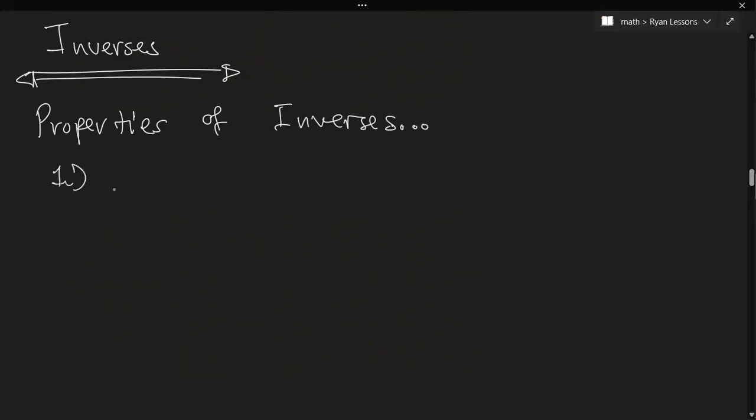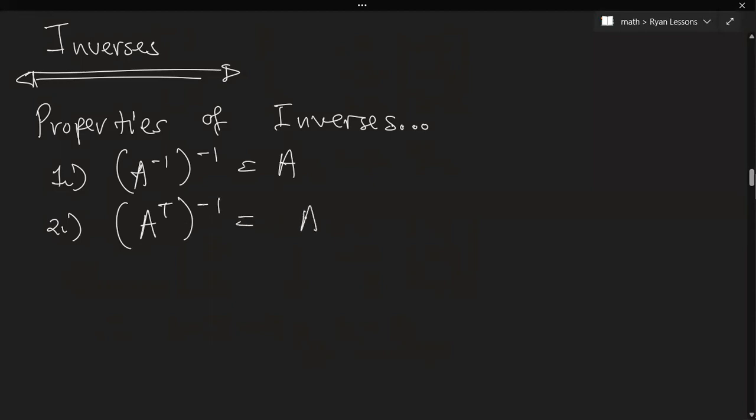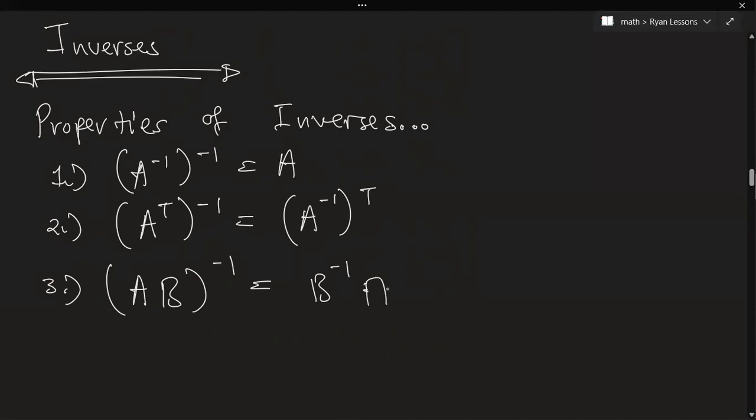So we know that inverses have a lot of properties, but there are these ones which you should know. First, the inverse of the inverse is actually the matrix itself. Then there is this one which says that the inverse of the transpose is actually the transpose of the inverse. You see. Then 3. Also, we know this one which says that the inverse of AB is actually B inverse A inverse, like that.